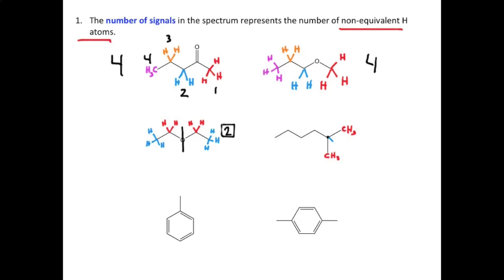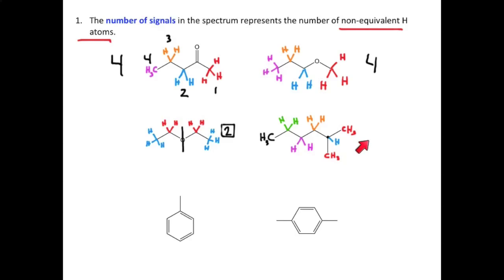As we go through, we have another non-equivalent, now just one hydrogen on that black carbon. Two more in orange. Two more in purple. Two more in green. And then the last set here, I'm running out of colors, so we'll just set these in black.